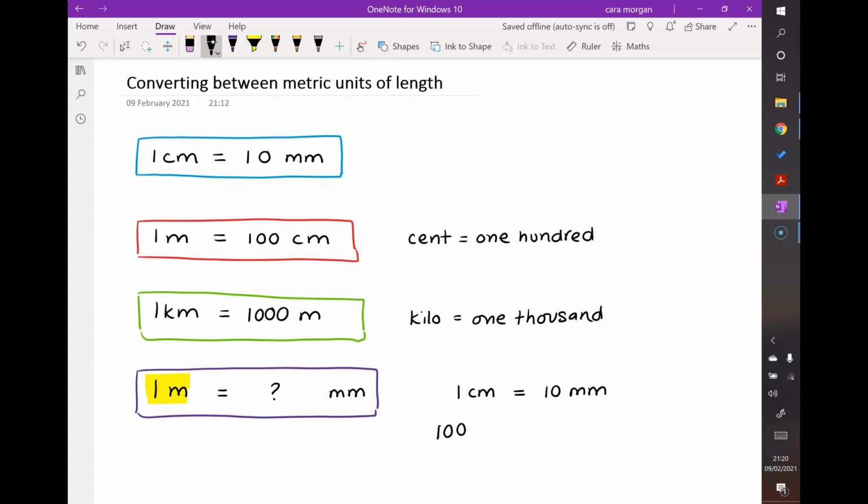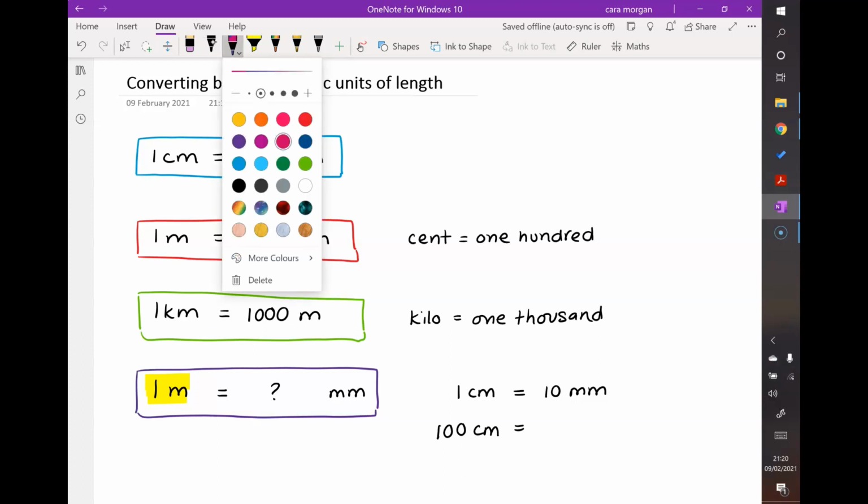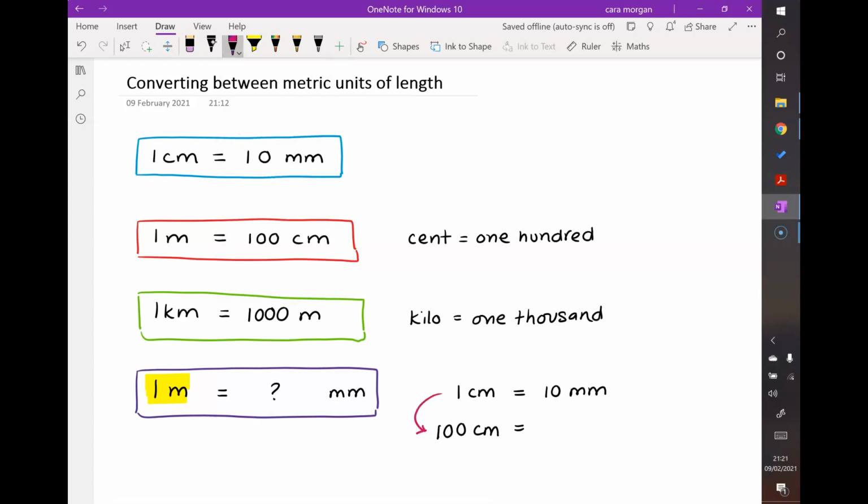Well, if I know that 100 centimetres is 100 times bigger than 1 centimetre, I can find out how many millimetres are in 100 centimetres by making it 100 times as big. So I can see there must be 1,000 millimetres in 100 centimetres, which is also the same as 1 metre.